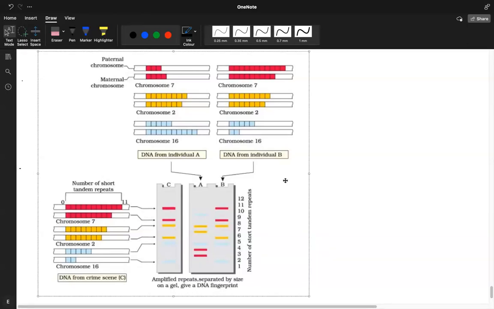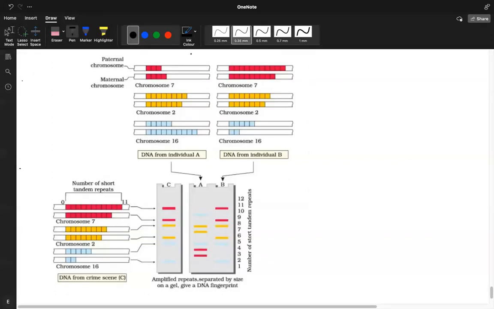Like suppose there was a crime scene where the victim's blood is there, so the victim's DNA is there, and another random DNA is there. Chances are that DNA belongs to the criminal, right? So if you can figure out whose sample that is, then you know who the criminal is. Or in cases of maternity and paternity claims, whether this person is the real biological father or not, we do the same kind of test.